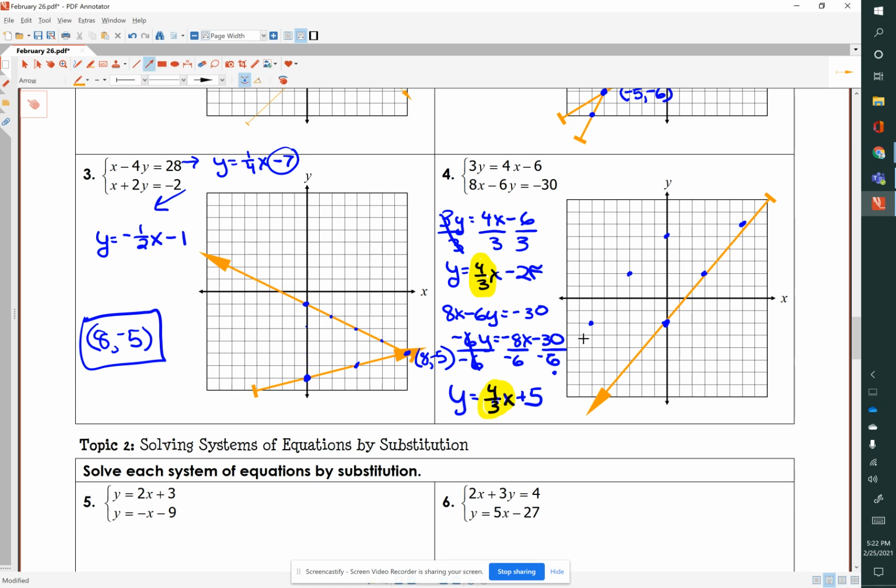We'll graph this. And we see that those two lines having the same slope are parallel. So the solution is no solution.